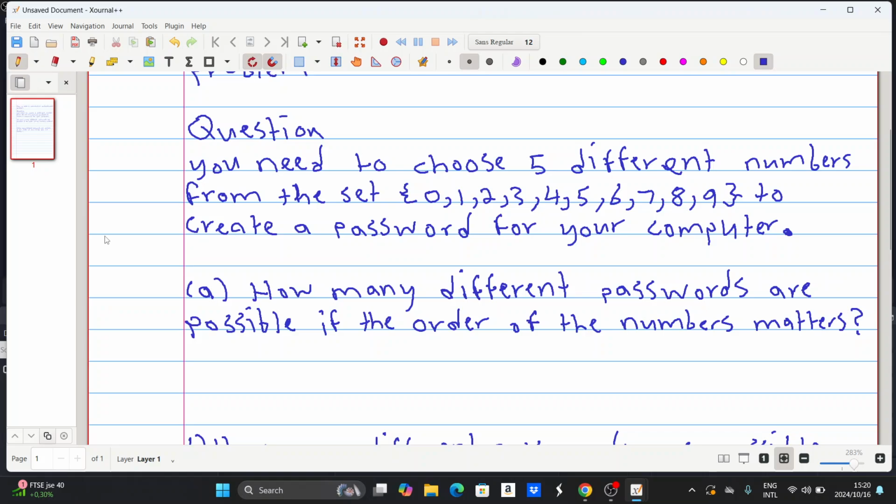So how many numbers are there? From 0 to 9, it's 1, 2, 3, 4, 5, 6, 7, 8, 9, 10.